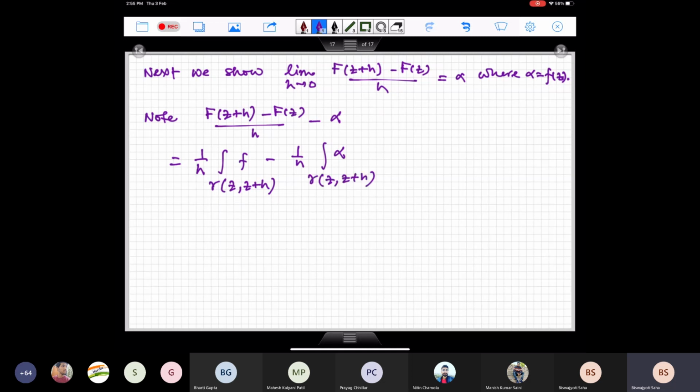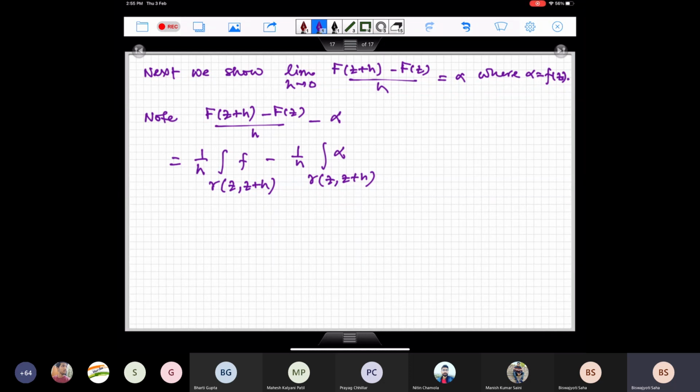Here the length of the path is just h, that's clear. So the constant function alpha, I can just write as integral over gamma from z to z plus h of 1 upon h. So alpha is just constant. There is nothing surprising in this.